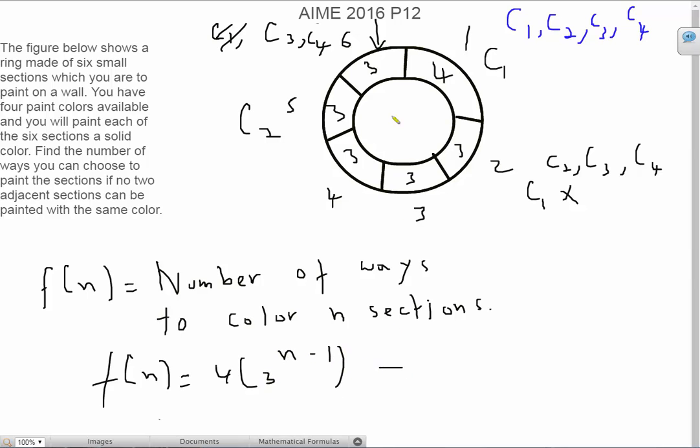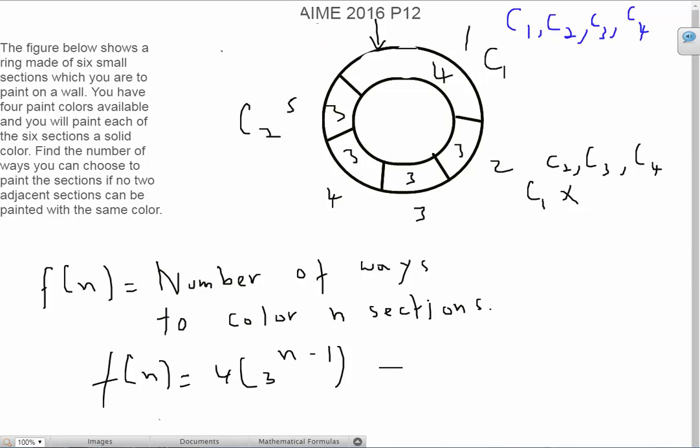And what exactly do we have to subtract here? Now, if the first section and the last section have the same color, we can basically remove the boundary between them. And what we'll end up with is 5 sections. And now, how do we find the number of ways in which we can have 5 sections which are valid arrangements?